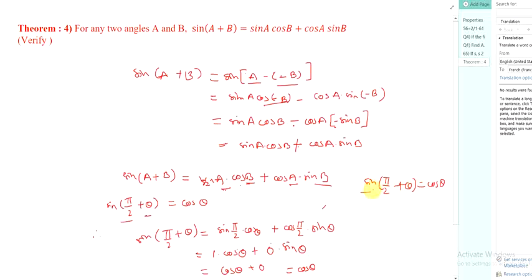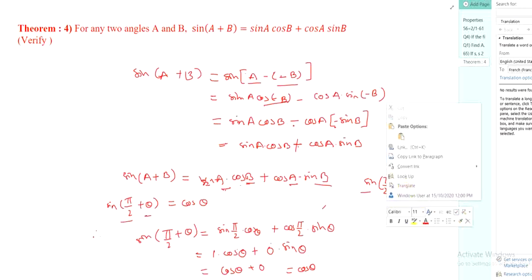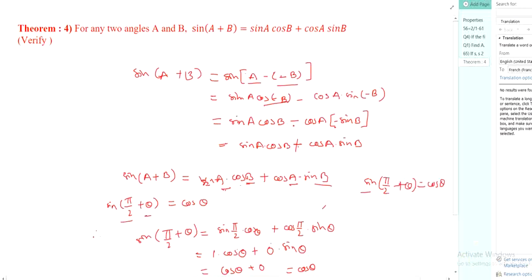So remember that if we add θ to π/2 or subtract from π/2, then sine reduces to cos and cos reduces to sine. Only we have to look at the sign, that is, whether it is positive or negative according to its position. Now π/2 + θ lies in the second quadrant, and in the second quadrant the sine ratio has a positive sign, that's why it is a positive cos θ, isn't it?